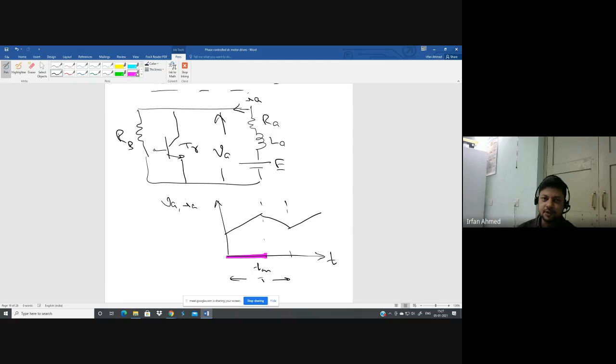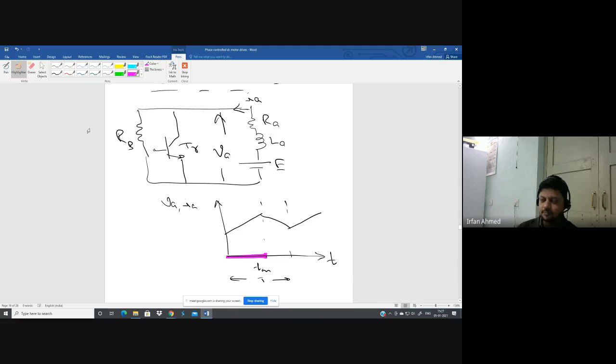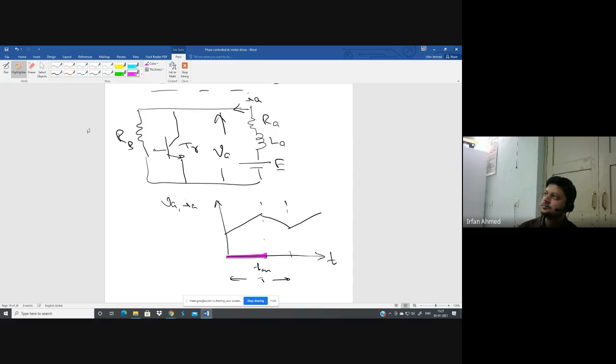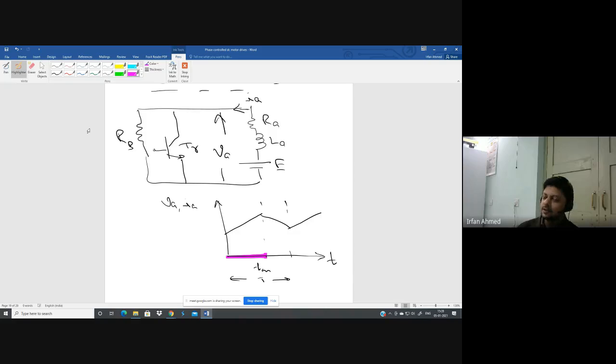What will happen to the voltage? Sir, the current is not decreasing suddenly because of the inductor. And sir, we assume that the loss across the inductor is 0. Loss across the inductor, no, we are still assuming that it is 0.